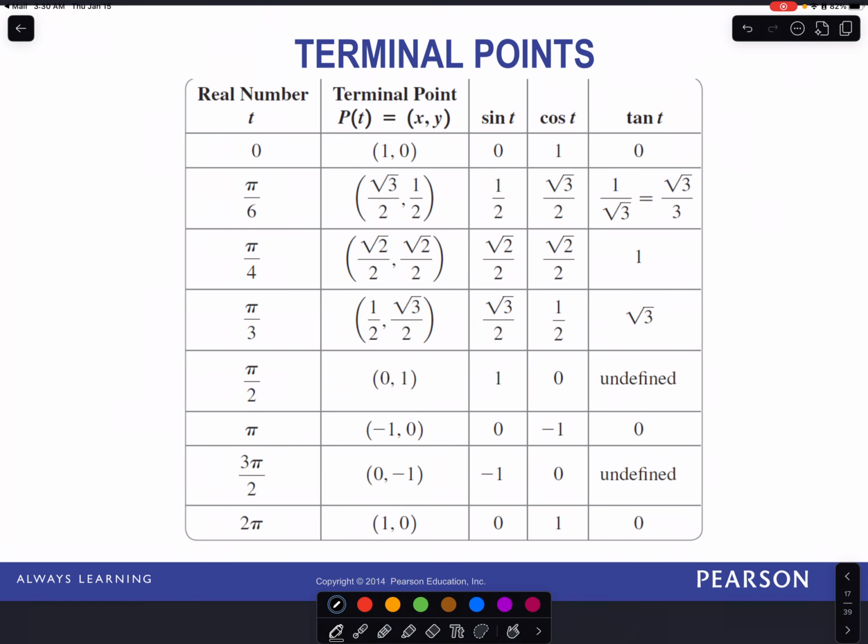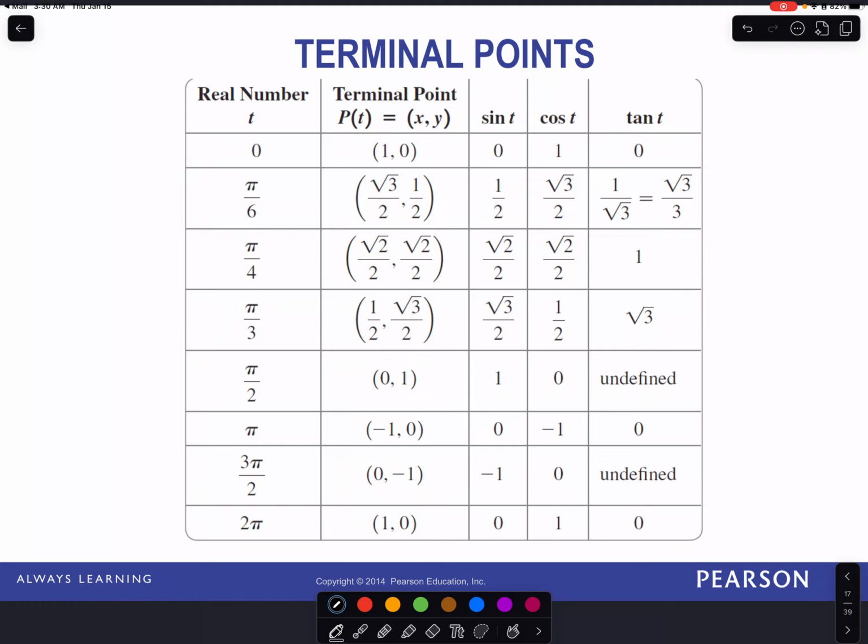So given our t, we have the corresponding terminal point. Again, t is like the arc length of that central angle in standard position. Now, when I was learning these, I would use the degree measure, and that's just how I would visualize it.